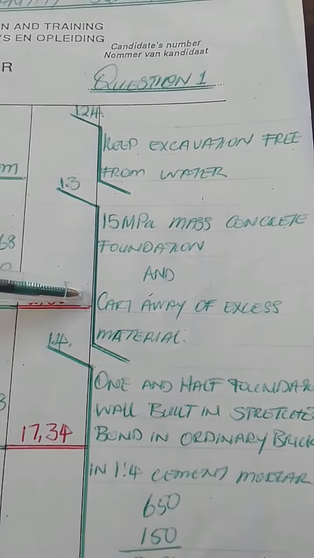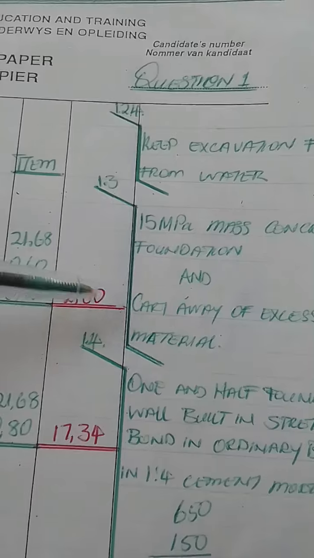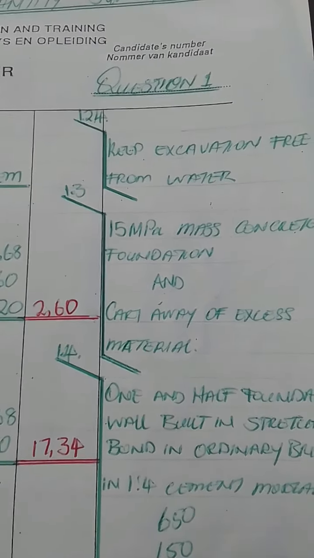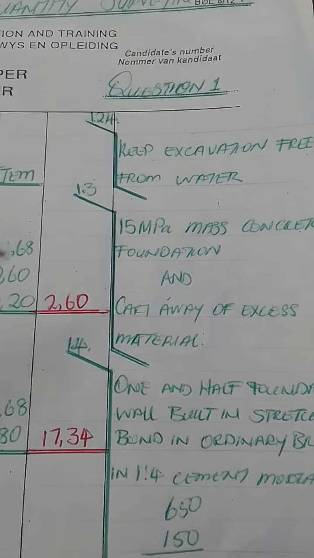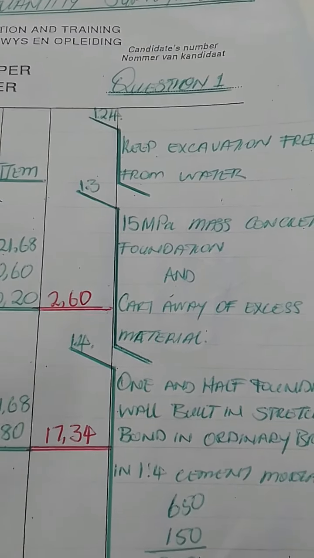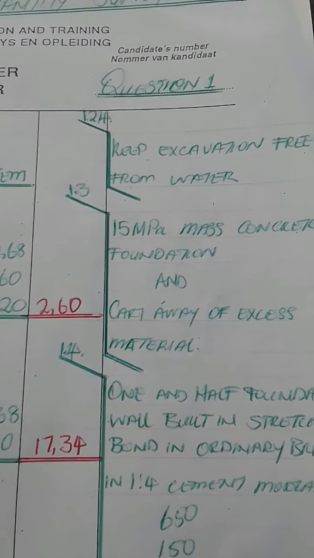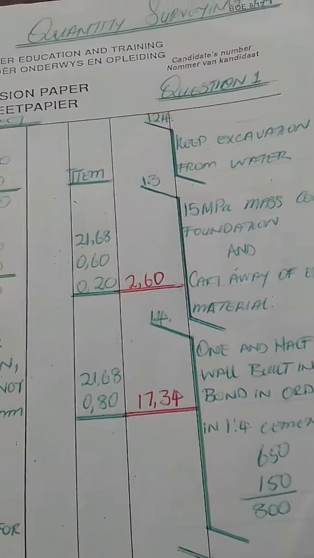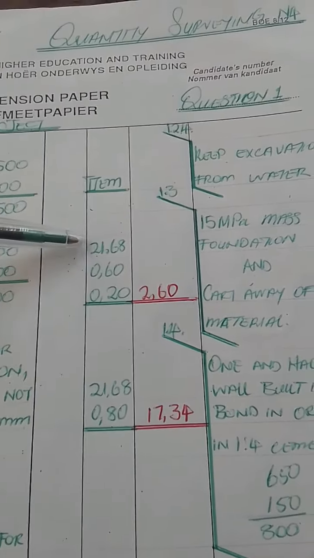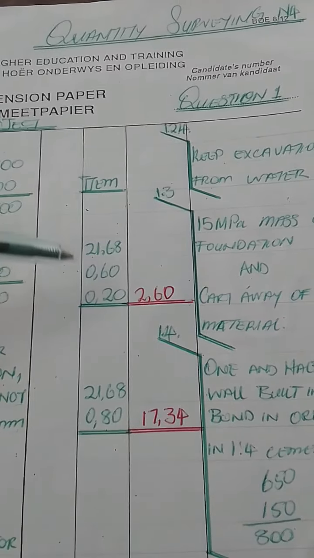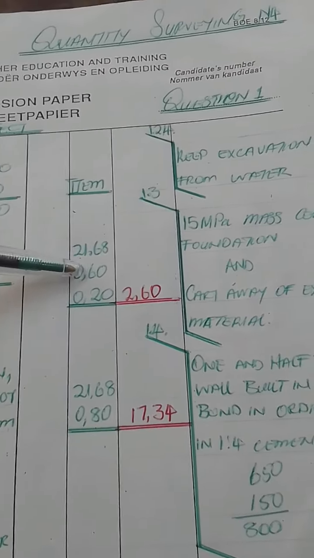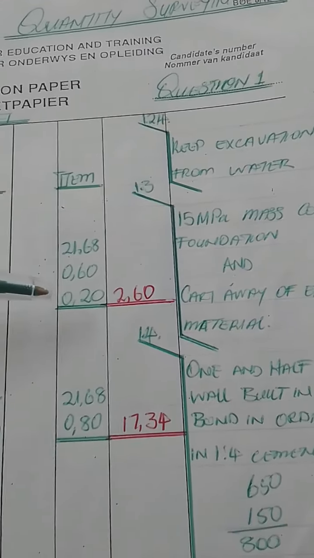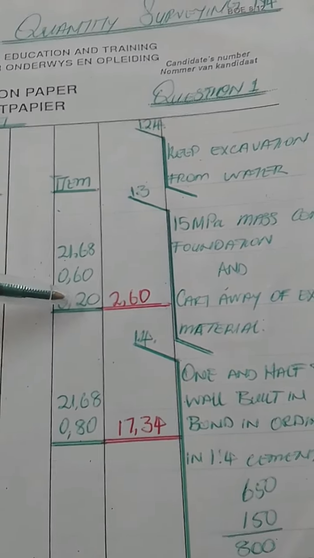So that is why we're going to do a cutaway and cut away the excess material. Now, looking at the information relating to measuring a concrete foundation, we will be taking the length of a foundation, then the width of a trench, then the height will be the thickness of a foundation.